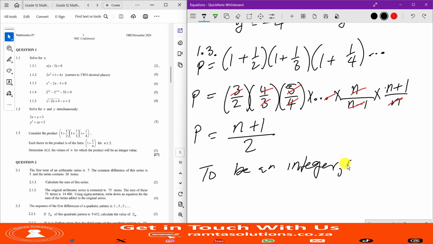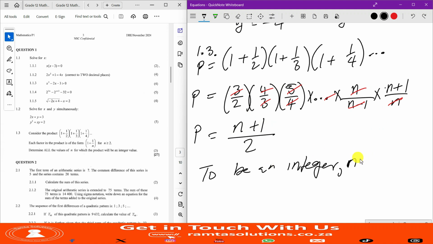Let me try 2. When n is 2, you will have 2 plus 1, which is 3 over 2. That is not an integer. But if n is 3, you will have 3 plus 1, which is 4 over 2. That's an integer.